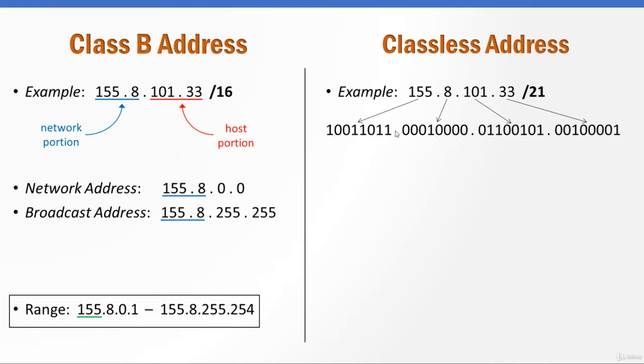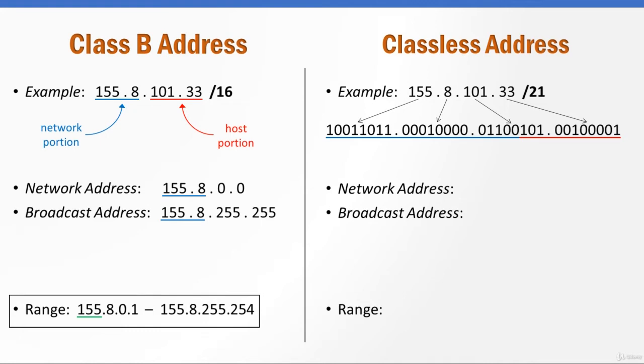So this is 8 bits plus 8 bits, that's 16, and then we got 5 bits until here, and that's 21 bits. So the first 21 bits are going to be the network portion, and the rest is going to be the host portion. Now that we've got that figured out, how do we determine the network address and the broadcast address?